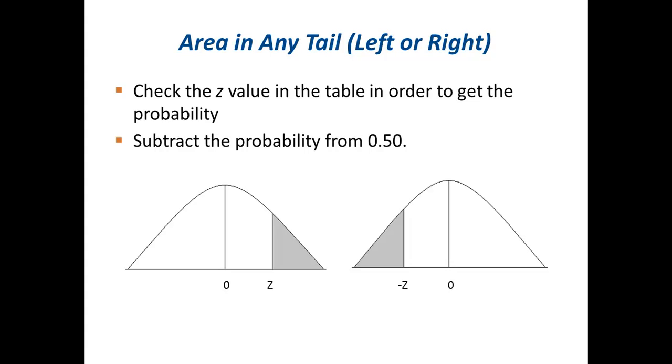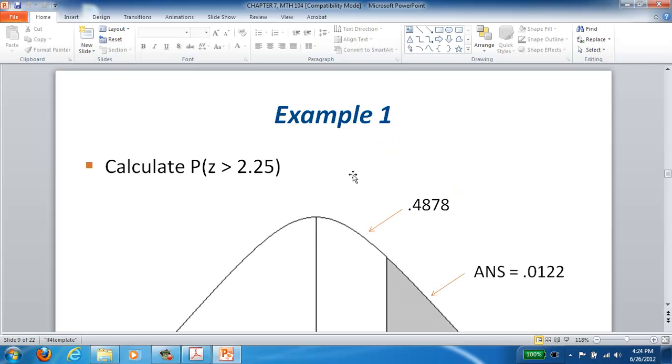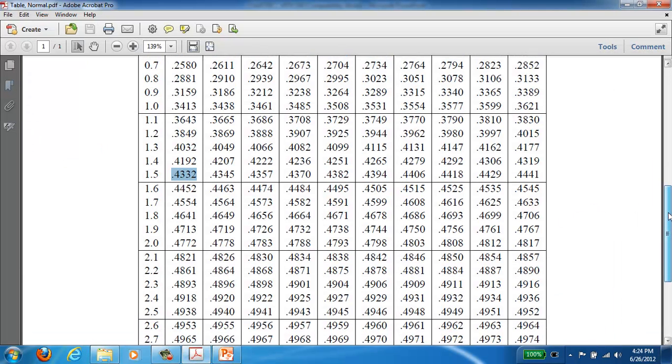Second case is when you have a tail, and by tail we mean the end of the normal distribution. Could be a right tail, could be a left tail. So in this case simply you check the table and then whatever you get you subtract from 0.5. So what is the probability z to be greater than 2.25? So again we check the table of the normal distribution.